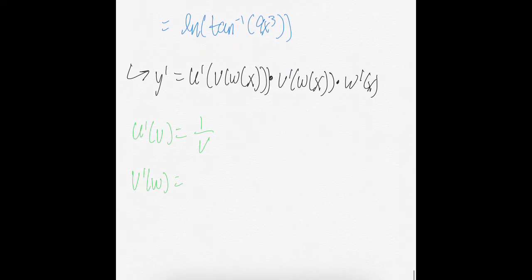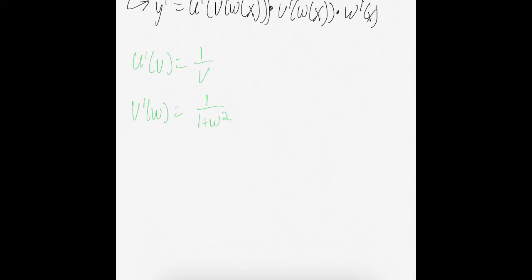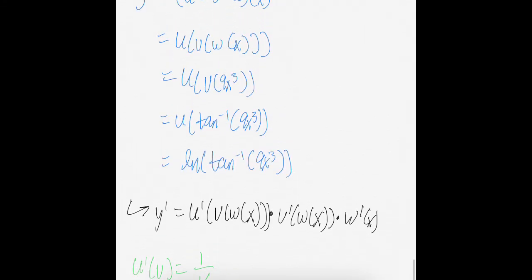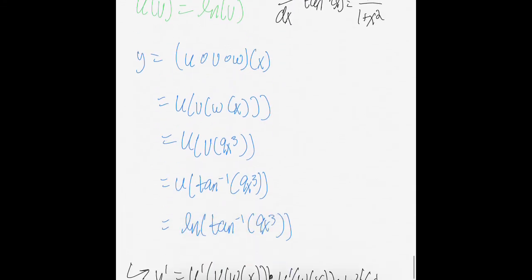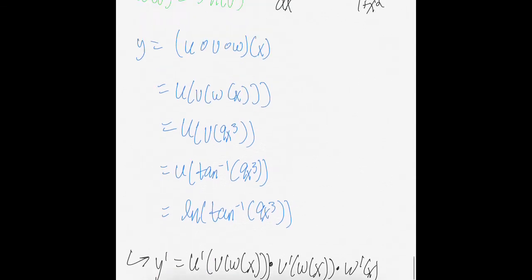Yeah, this is a popular one in Calculus 2, so one that you definitely would like to be familiar with. Okay, so we're just going to copy that down here. So then the derivative of v with respect to w is 1 over 1 plus w squared. And finally, we have w prime of x. Well, w of x is 9x cubed. So that's just 27x squared by the power rule.